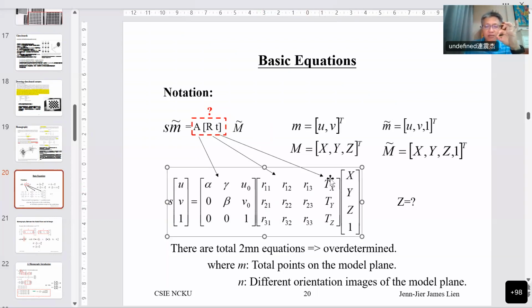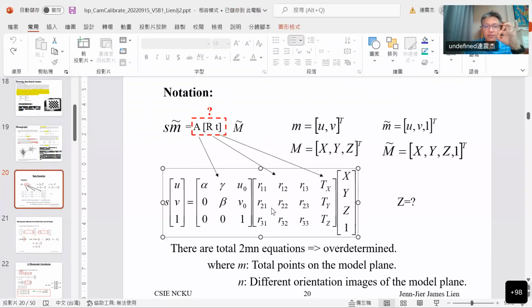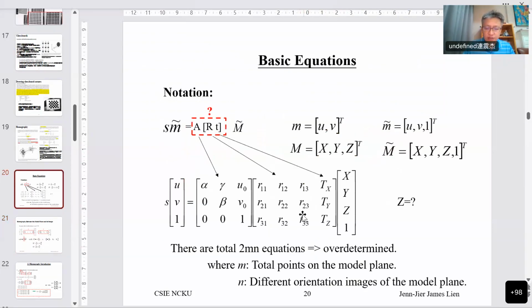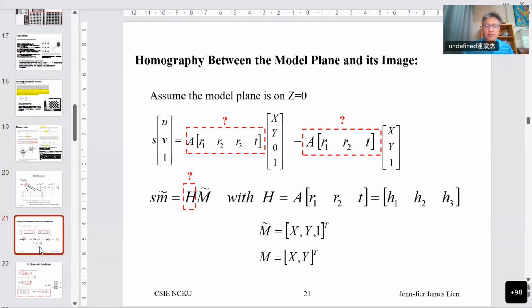This one times this one, so R23 times Z is 0, so this term is 0. So you'll find this is 3 by 4. Up to here, it becomes 3 by 3 and 3 by 1, so we can delete these 3 parameters. That's better.